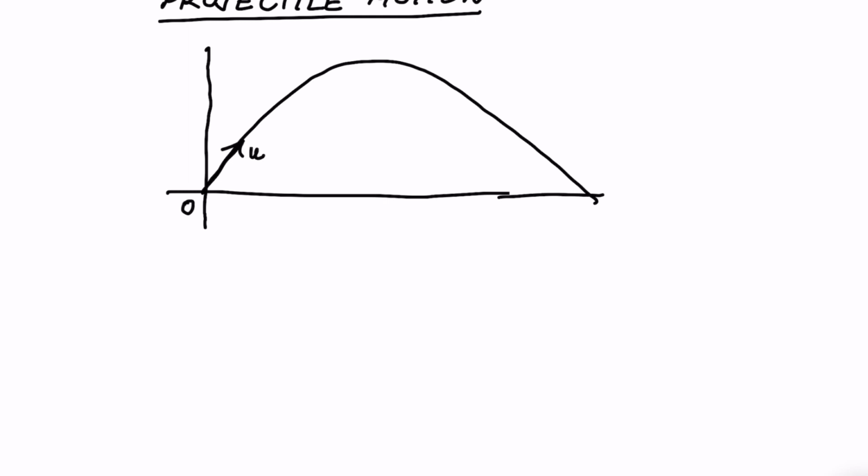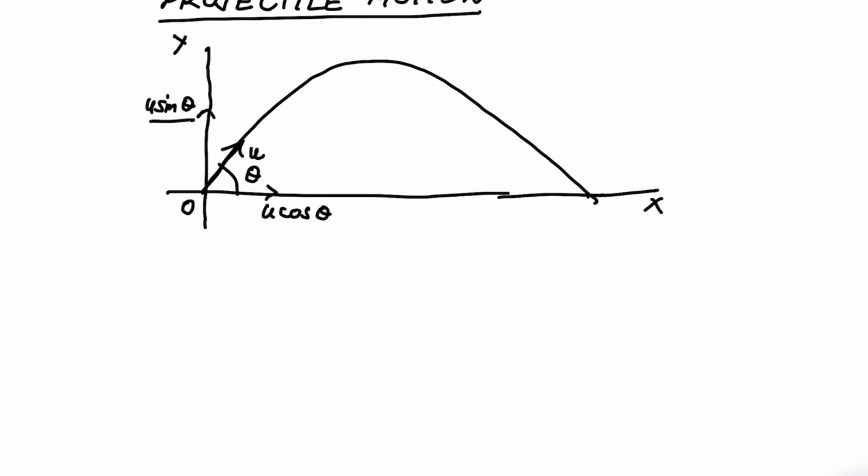This is the point O, this is our x-axis, this is the y-axis. Whenever a particle is thrown with a velocity u at an angle of theta to the horizontal, it will have two components: the horizontal component of velocity, that is u cos theta, and the vertical component of velocity, that is u sin theta.